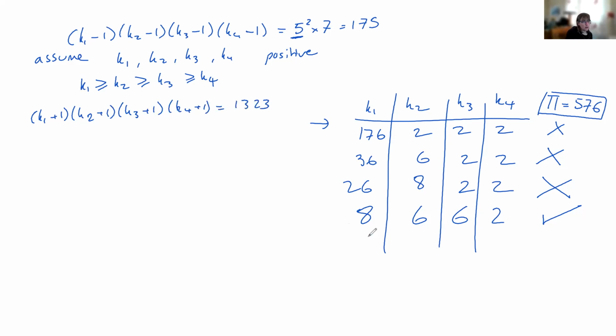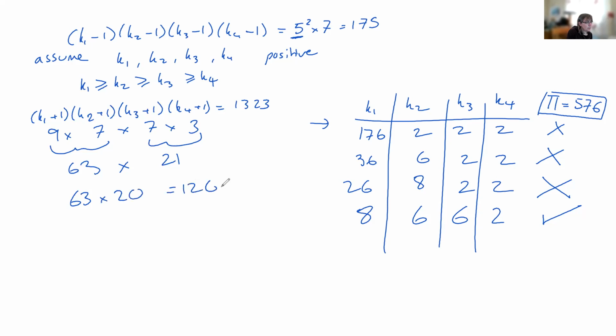So if these are my k1, k2, k3, k4, this becomes 9 times 7 times 7 times 3, adding 1 to each of these. 9 times 7 is 63. 7 times 3 is 21. 63 times 20 is 1260. 63 times 1 is 63. And if you add these together, you get 1323. So they work in that equation as well, which is quite nice to know.